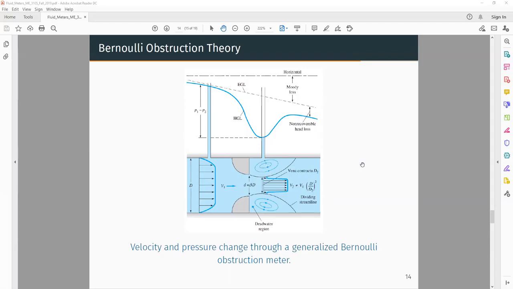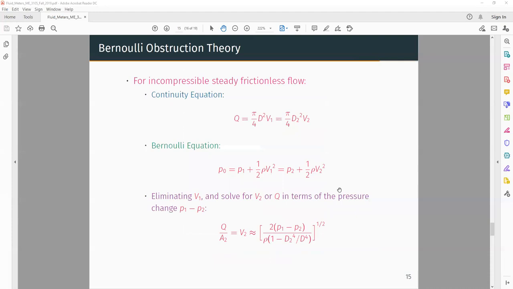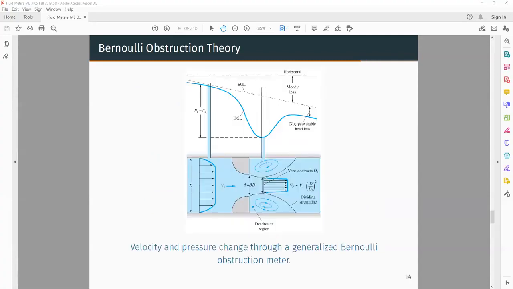Okay, and now how do we measure the velocity V1 from this information? If we apply the incompressible steady frictionless flow, we will have the continuity equation, that is, the flow through the orifice of capital D and the vena contracta of D2, like this one and this one.